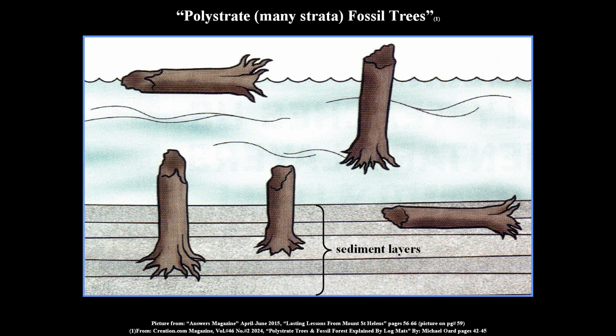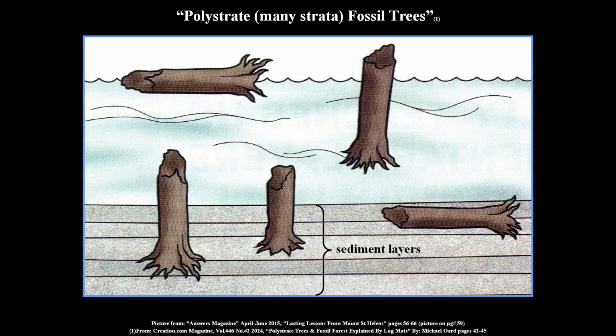You got the trees floating around, they fall root ball first, and then you got the sediments that start to lay around it. Well, in secular thinking, these different sediment layers are going to be thought of as a period of time, even millions of years, for each sediment to lay down before the next one happened.